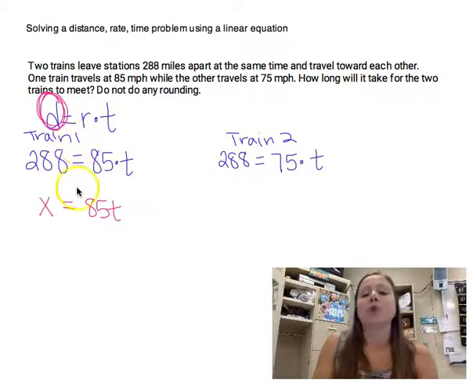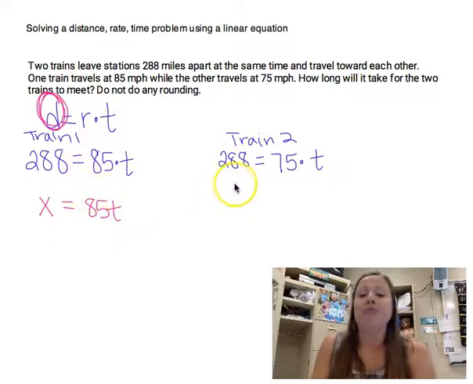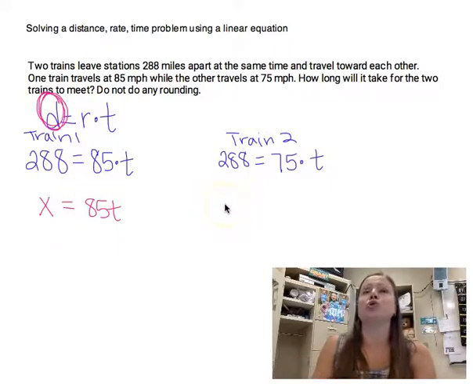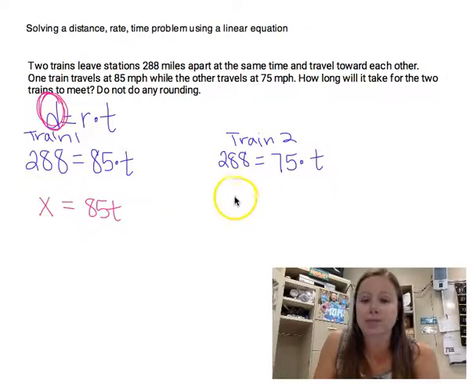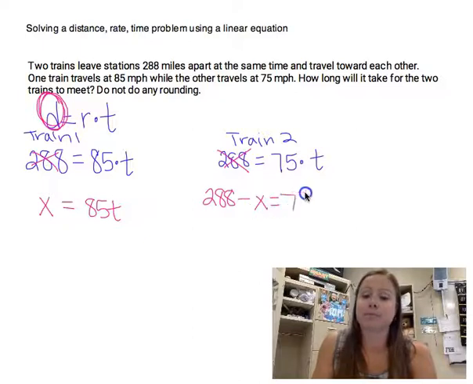Now, if train 1 has traveled a distance of x and the total distance between them is 288, then when train 2 is traveling, it's going to travel whatever is left in that 288 after the x. So for train 2, its distance becomes 288 minus x.